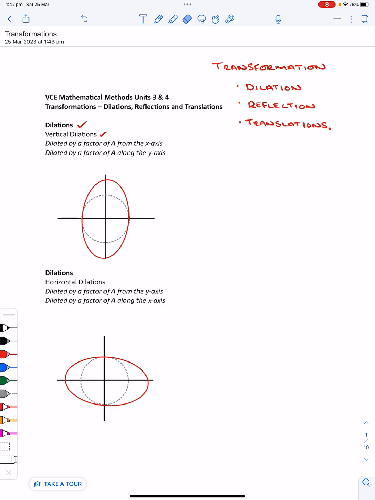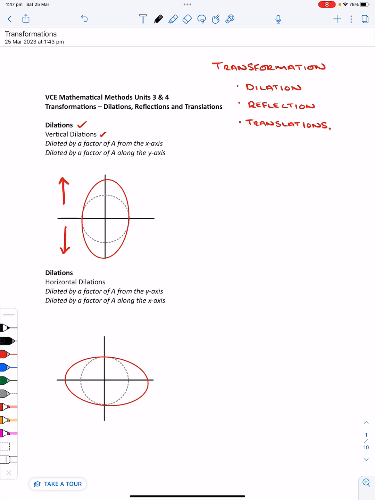Essentially, if we look at this grey circle in the middle here, we're stretching the graph along the y-axis. So we're making the graph taller in a sense. And that is expressed by moving the graph either further upwards or downwards. But essentially we're stretching it away from the x-axis.